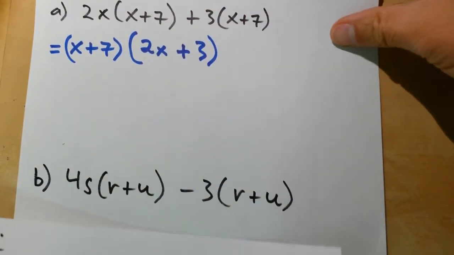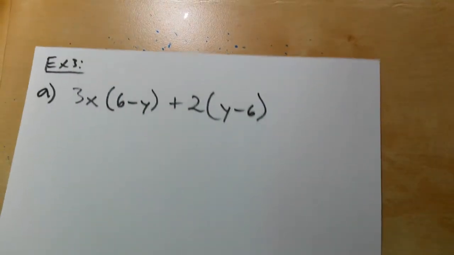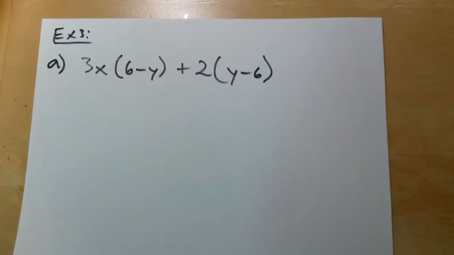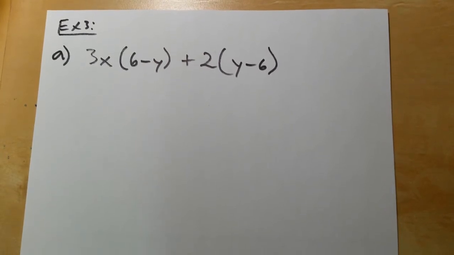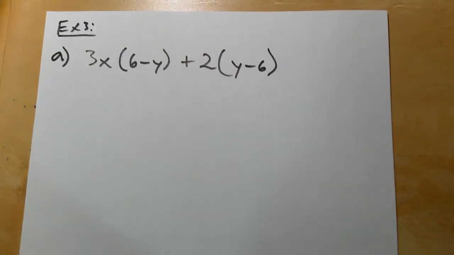On example 3, you have this, and we have 3x times (6 minus y) plus 2 times (y minus 6), and they're asking us to factor out the common factor. By the way, whenever you're factoring, always look for a common factor. That's how we always start.